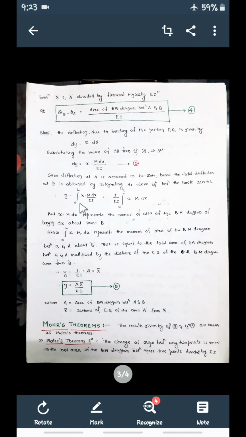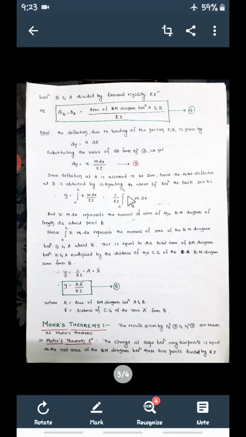So the integration from 0 to L, that is 1 by EI times x into m dx. But x into m dx is what? M dx is area. Area multiplied by x represents the moment of area. If you multiply the perpendicular distance, it is the moment of area of the bending moment diagram of length dx about point B. So x into m dx is the moment of a small strip.